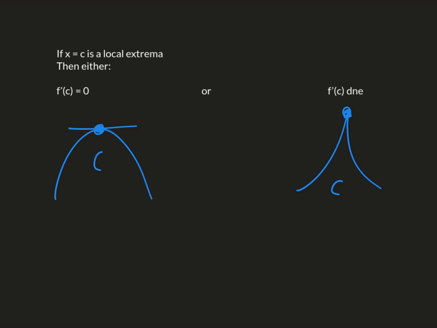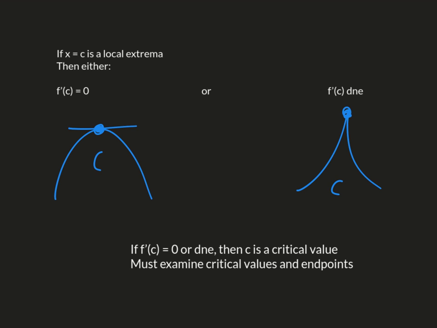So essentially, if our first derivative is 0 or undefined at C, then C is a critical value. And we must examine the critical values and the endpoints of the function in order to determine where our absolute maximum and our absolute minimum occur.